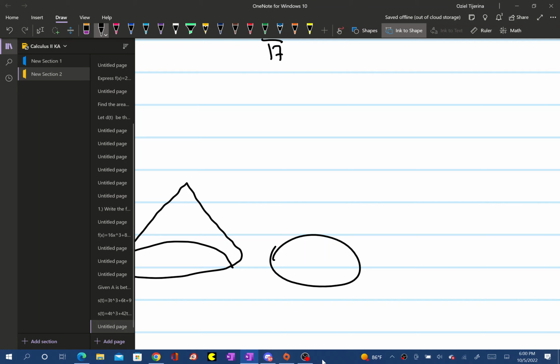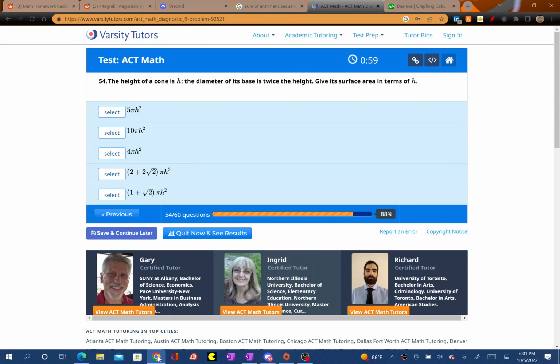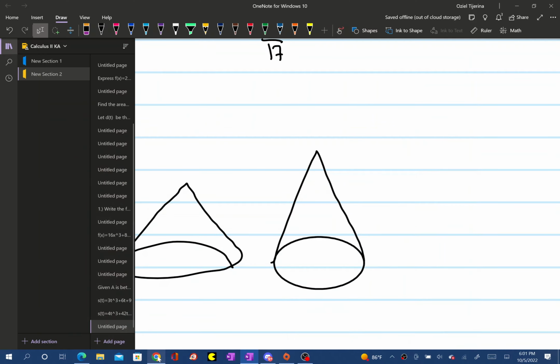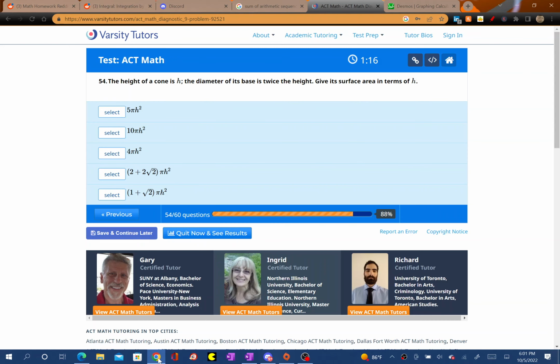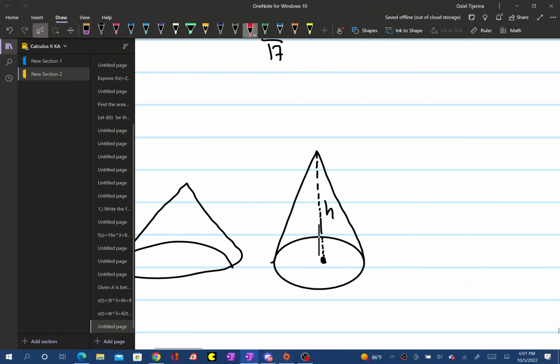Whatever, so it says the height of a cone is h, right? So we know that right here is h, and then it says the diameter of the base is 2 times the height. So this whole part is 2h.